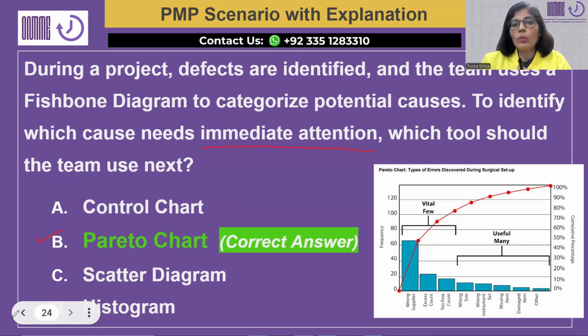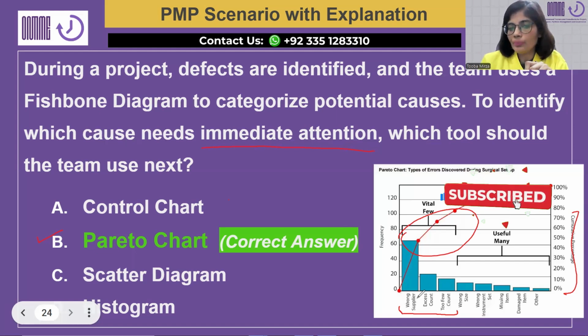Pareto chart follows the 80-20 Pareto principle, which says that to address the most important issues, you need to focus on the most vital or most influential problems, which is depicted over here. Your 80% of the problem lies with the most influential or the most vital problems, like these initial 2 or 3 heads.